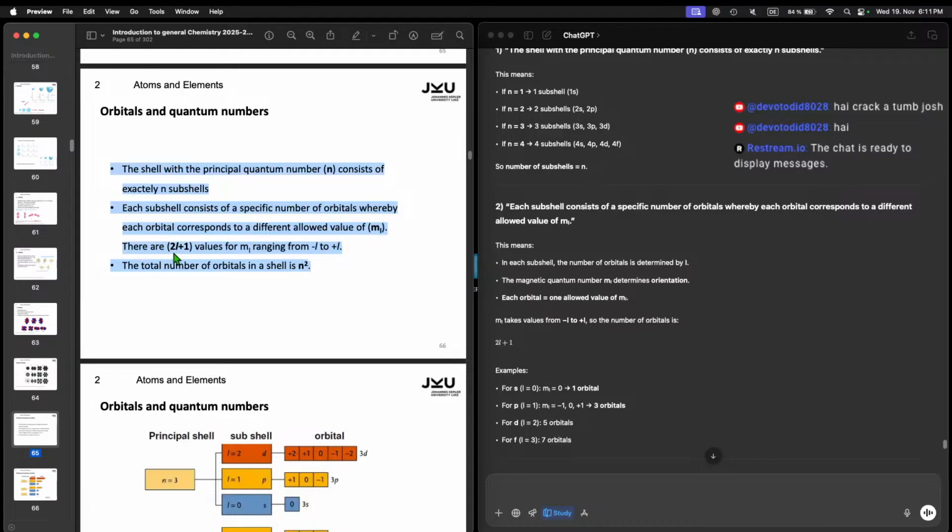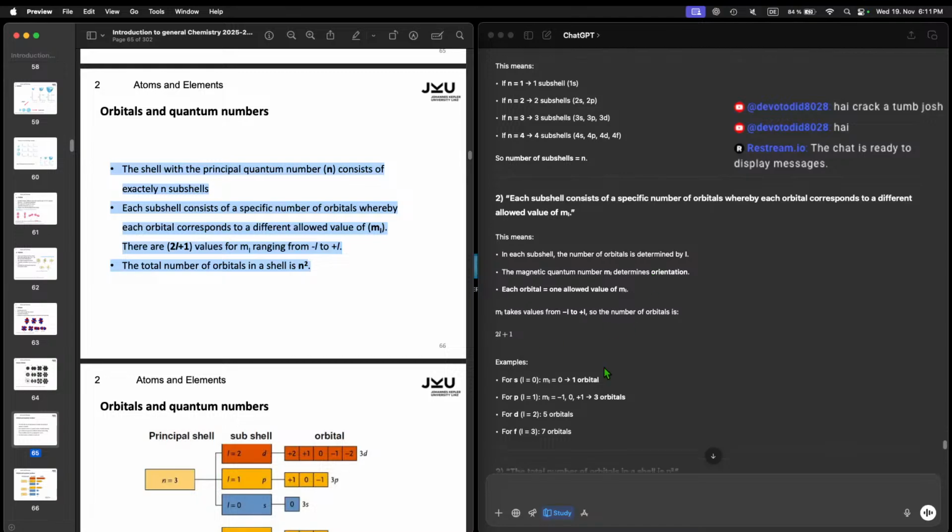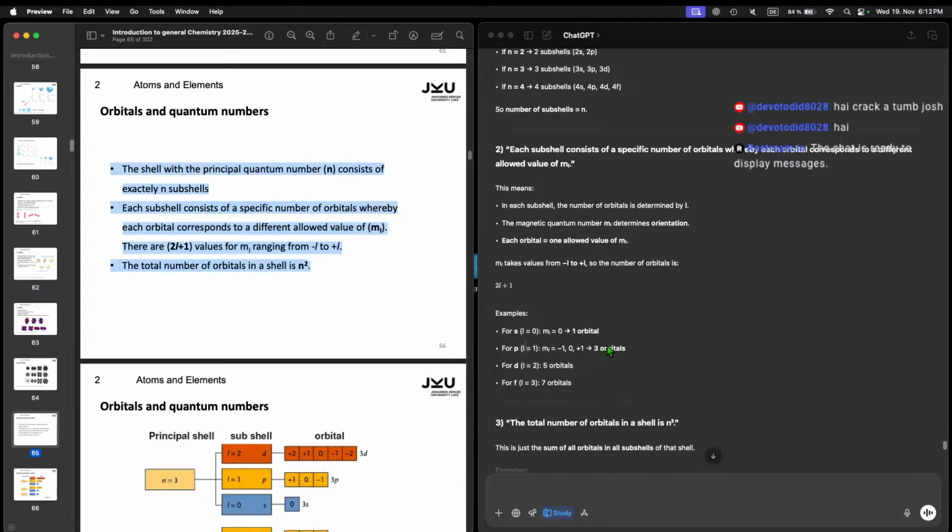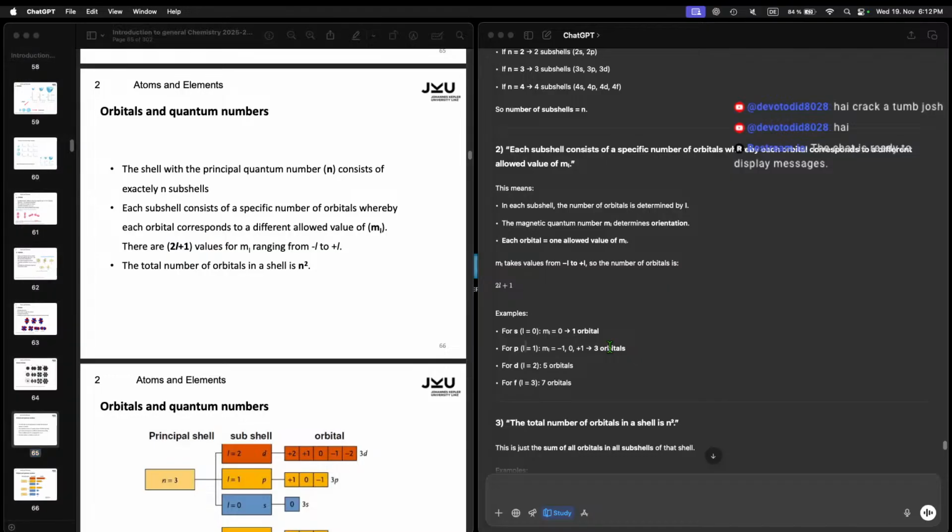There are 2l plus 1 values of m_l ranging from -l to +l. For example, for s, l equals 0, 1 orbital. For p, l equals 1, 3 orbitals. Okay, this is the formula. 3 orbitals, 7 orbitals.